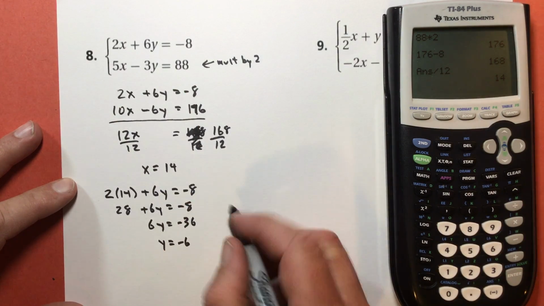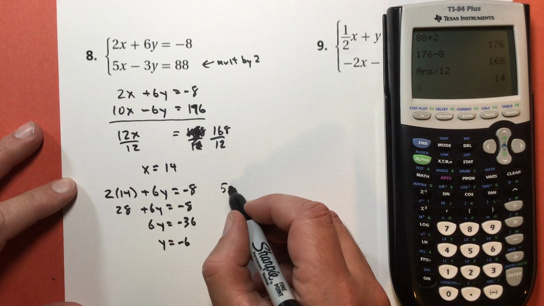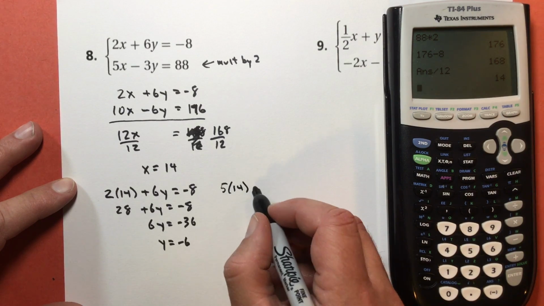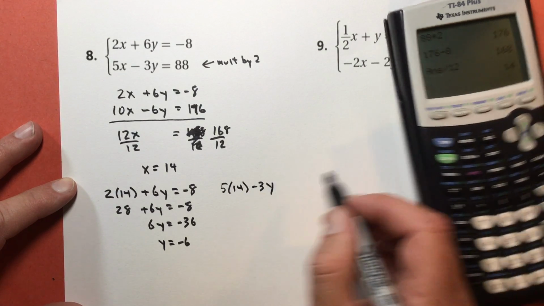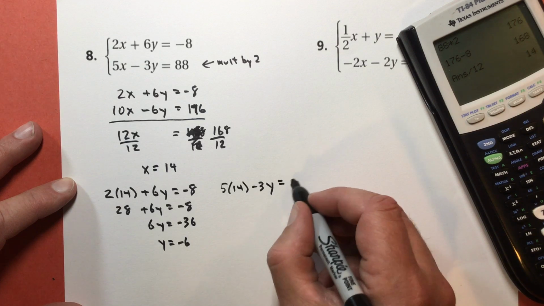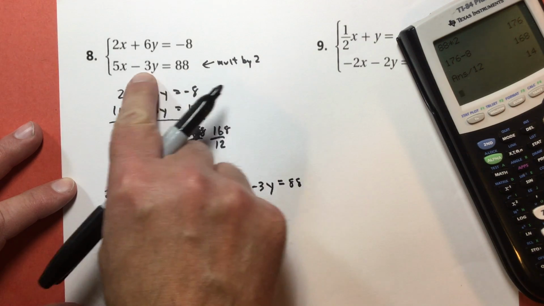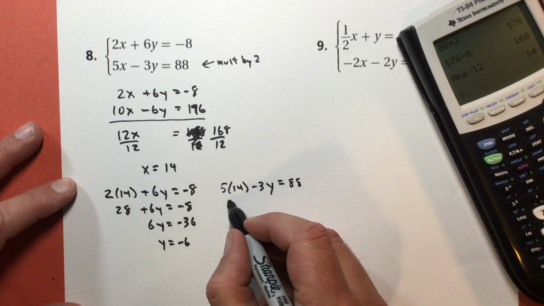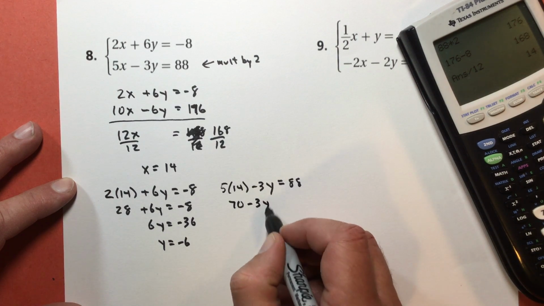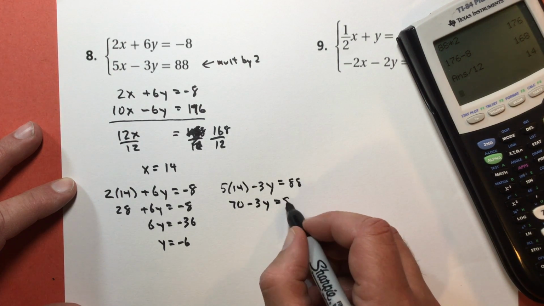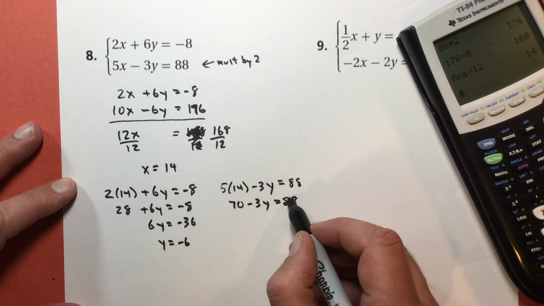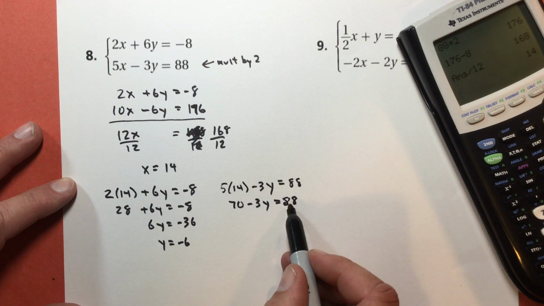Let's check with the other one. 5 times x, which is 14, subtract 3 times y, equals 88. Remember, always go back to the original. This is 70. I'm going to subtract 70 from both sides.